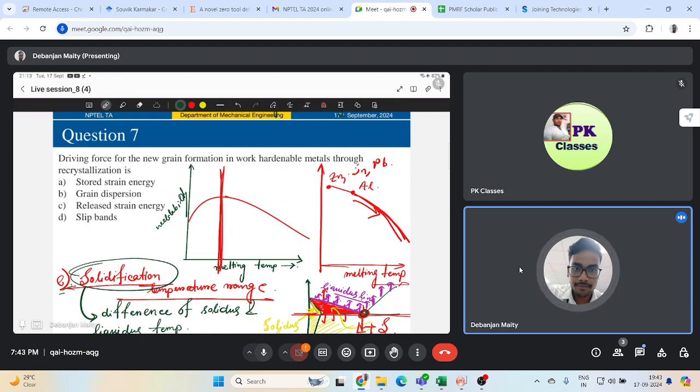For recrystallization to happen, you release strain energy, so you have to store that strain energy in some form, and those forms are deformation-based processes. The more you deform the metal, the more you increase the strain energy in your structure, the more will be the possibility of recrystallization.